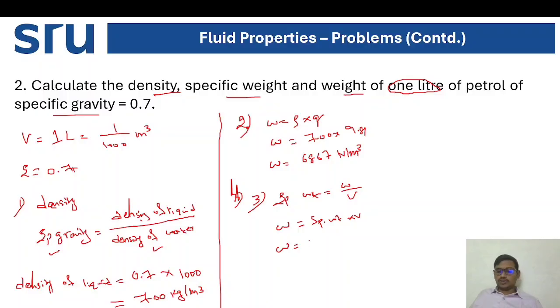What is the specific weight? Specific weight already we have calculated, 6867 into volume, we know 1 by 1000. So W is equal to 6.867, 6.8 newtons.